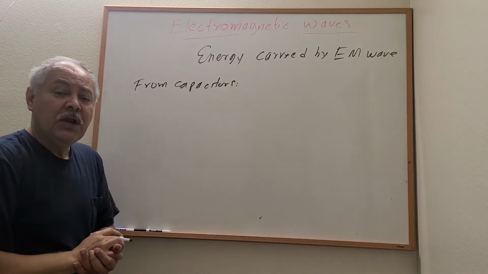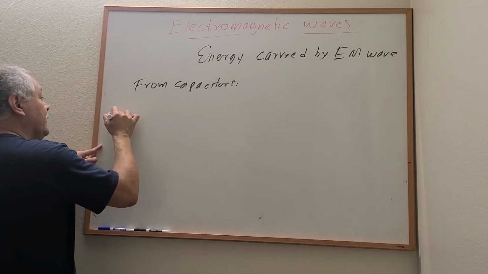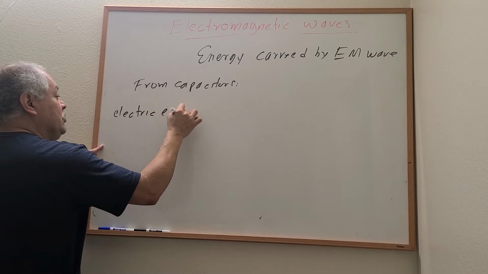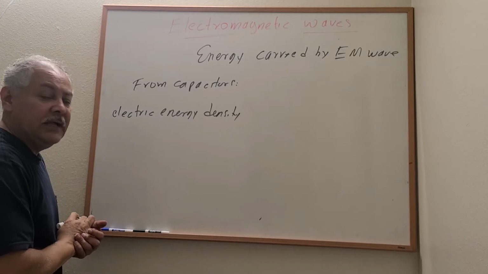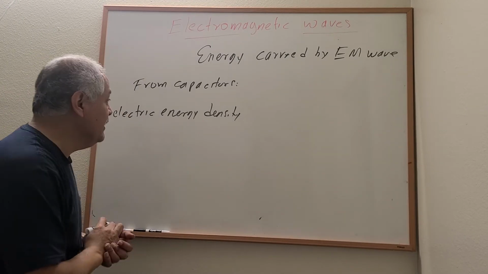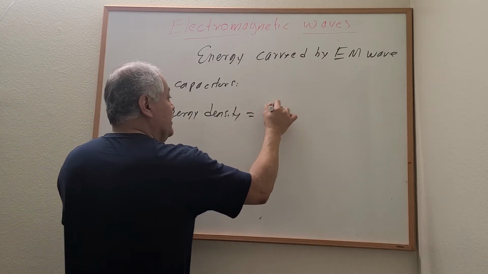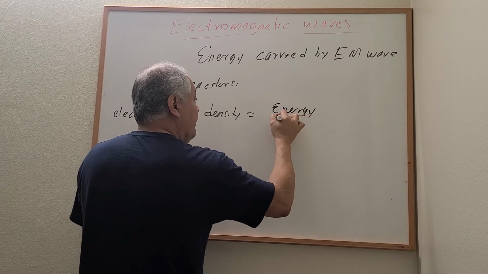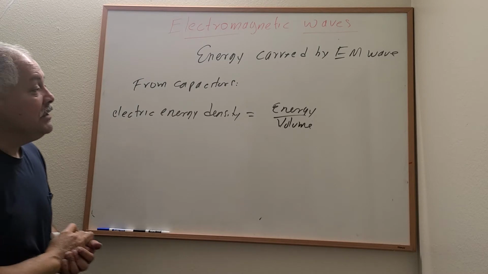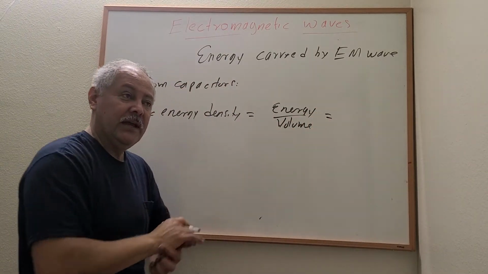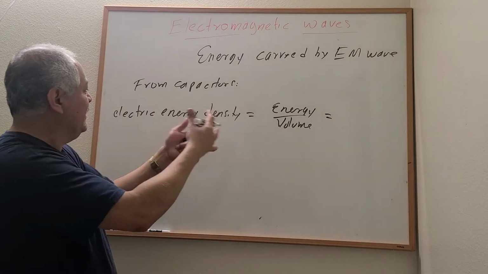From capacitors, the electric energy density, defined as the energy per volume, is found in the section of the chapter that involves capacitors.